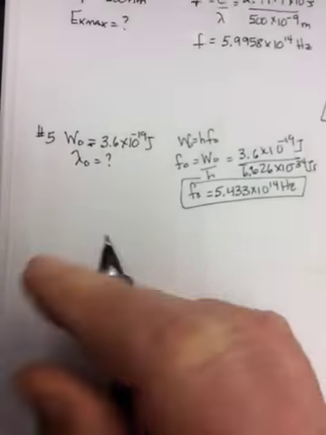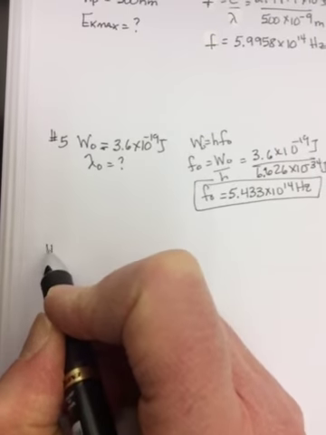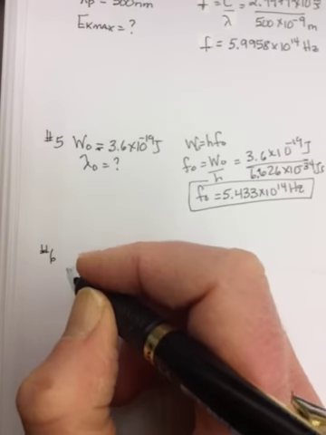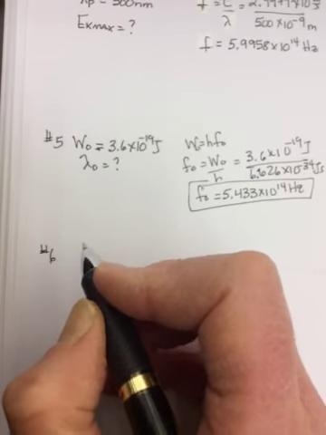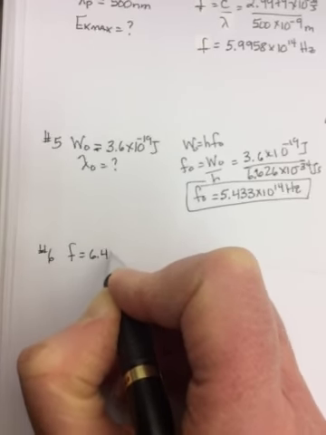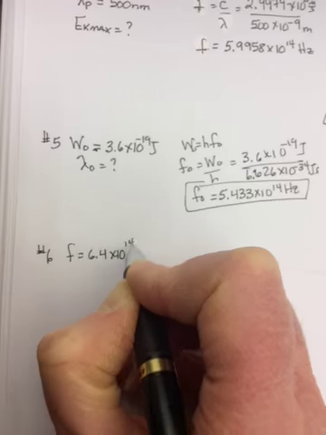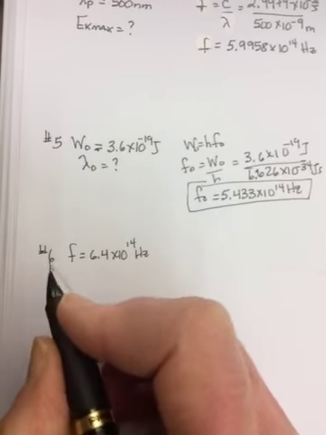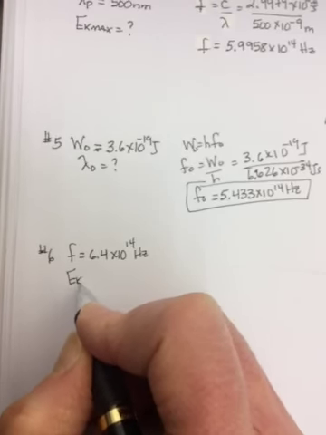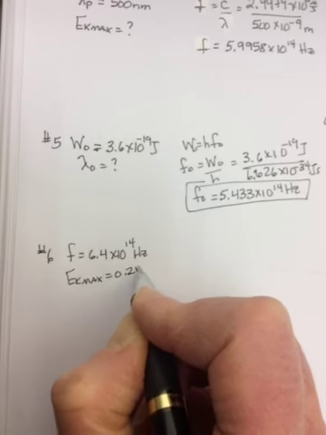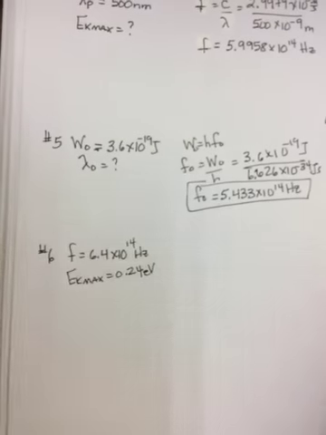All right, number 6 says, when a metal surface is illuminated by radiation of frequency 6.4 times 10 to the 14th hertz, so this is the frequency of the photon, the maximum kinetic energy of the electrons emitted, EK max, is 0.424 electron volts.